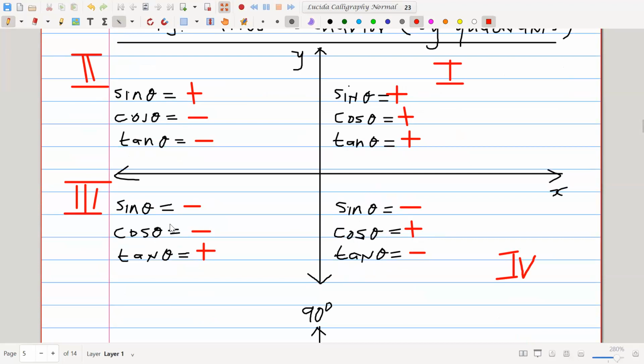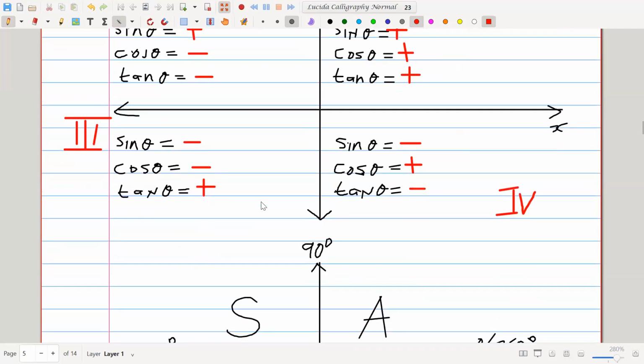If you go to the third quadrant and look at sine, and it happens that sine is negative, it simply means even the reciprocal of sine, which is the cosecant, will also be negative. So that is what you will always need to remember.